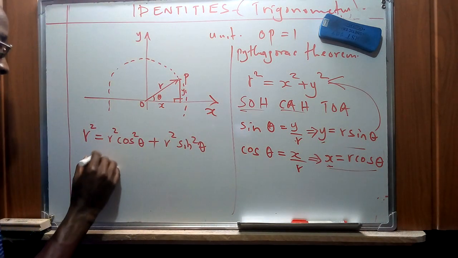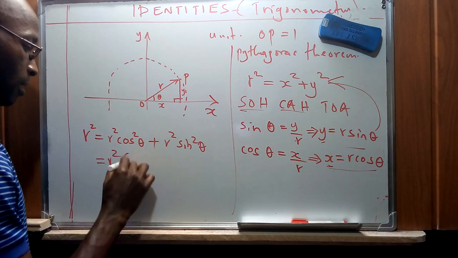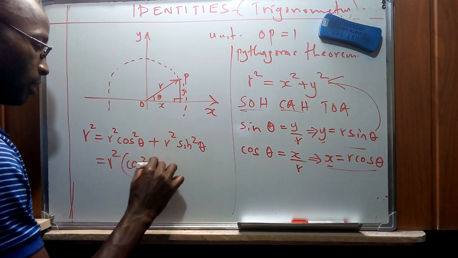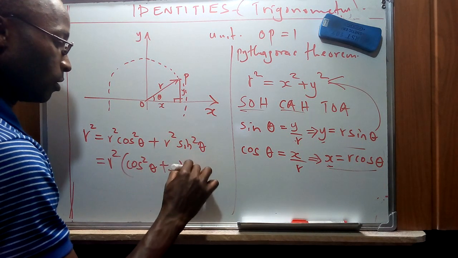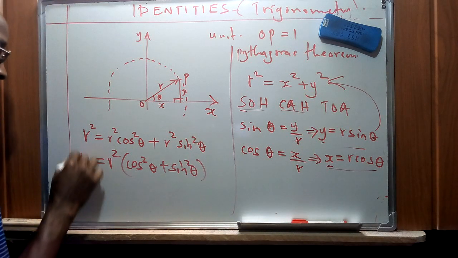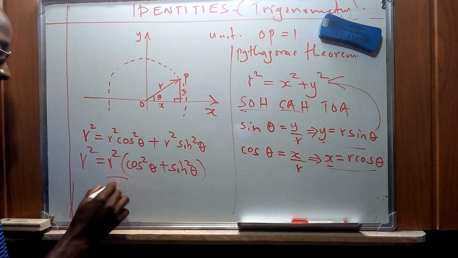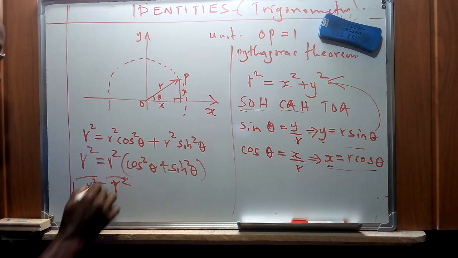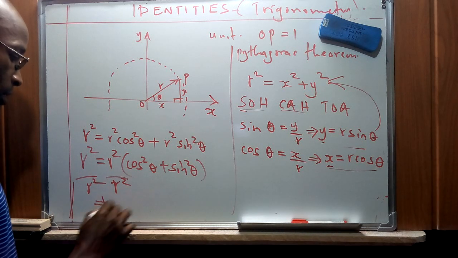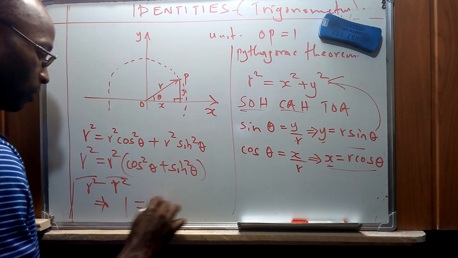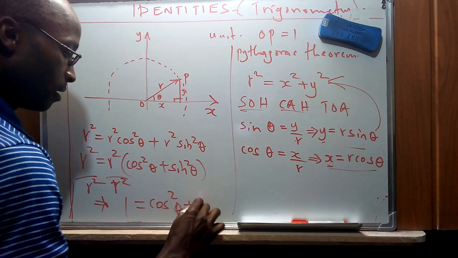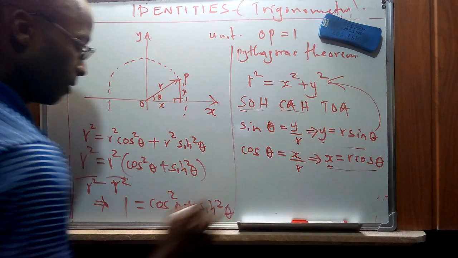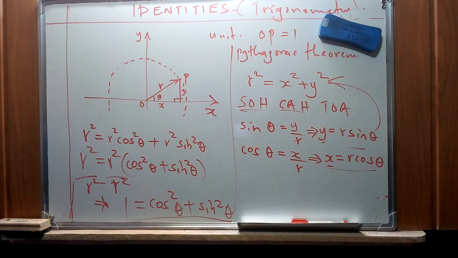So we factor r squared out: r squared times cosine squared plus sine squared. We can then divide by r squared, and we find 1 is equal to cosine squared theta plus sine squared theta. This gave us an expression that we have just written on the board.